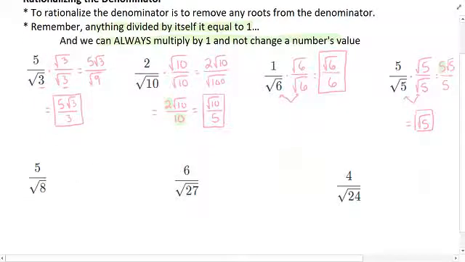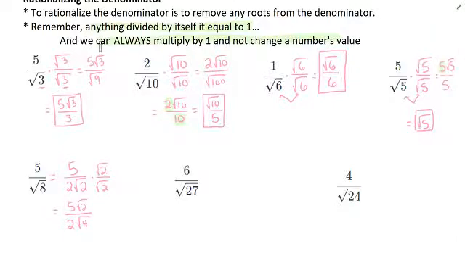All right, let's look at a couple more examples. Now, the ones in the bottom 3 here are a little different because the square root in the denominator hasn't been simplified yet. So let's do that. The first thing we want to do is simplify the square root of 8. And if you watched my previous video, you should know that that's 2 root 2. Now, I still need to simplify this, so I'm going to multiply by the square root of 2 over the square root of 2. Let's take a look at what we get. We get 5 root 2 over 2 square root 4.